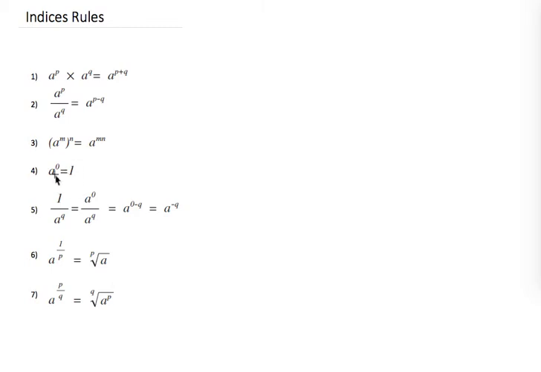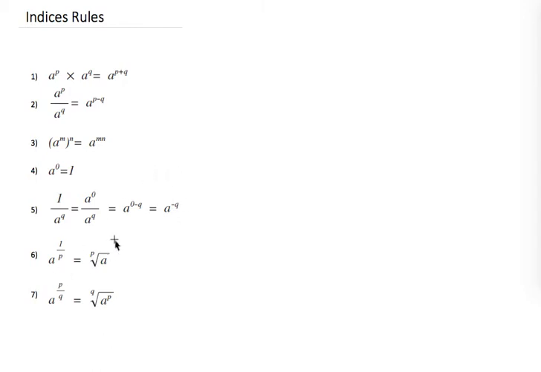So you can also go in the reverse direction. So a to the power of 0 divided by a to the power of q. Then from here we can use rule number 2. So you go a to the power of 0 minus q, and that's simplified further. 0 minus q is negative q. So a to the negative q.